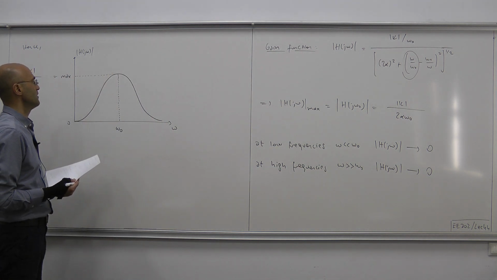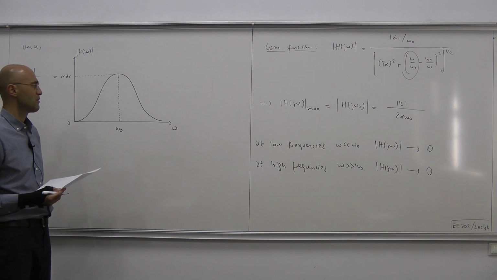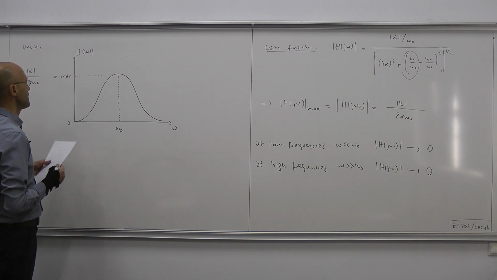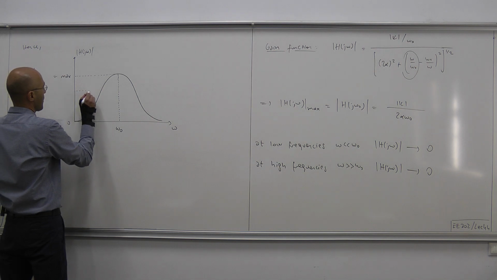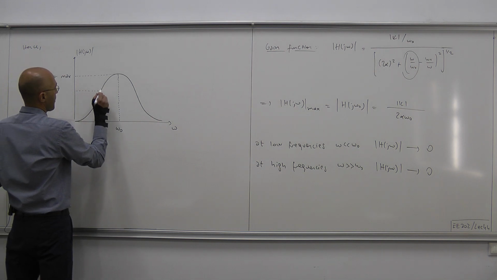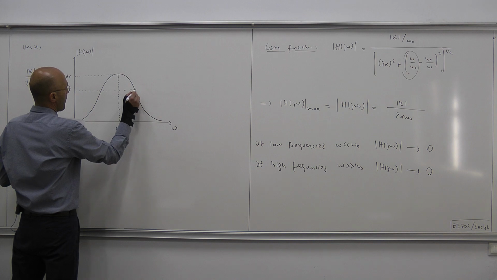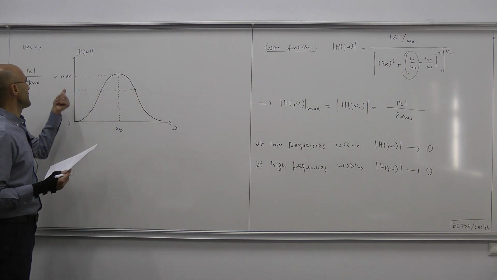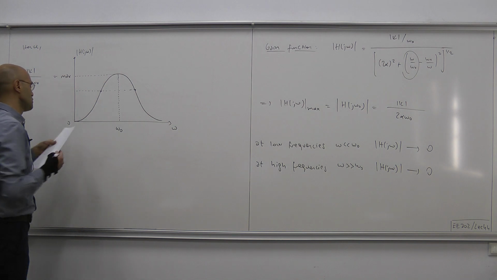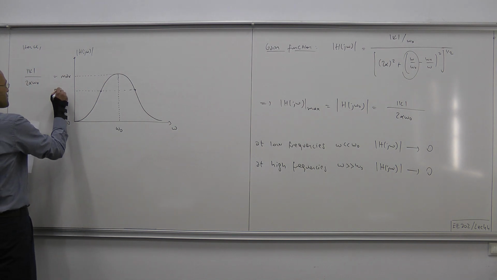That's why this is called a bandpass filter. Now let's figure out the frequencies at which the gain equals max divided by square root of 2.